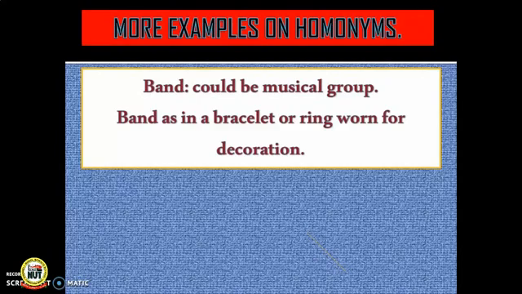Alright, first we have band. Band could be a musical group. I belong to a band. This is my band. So a musical group. Then we have another band, as in a bracelet or a ring worn for decoration.